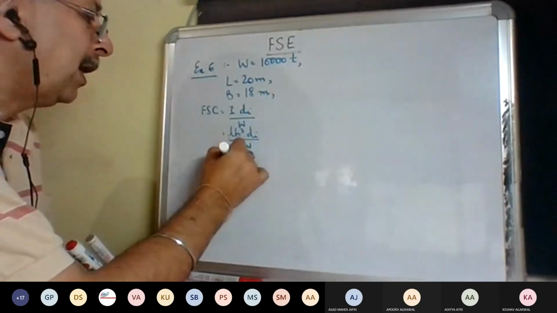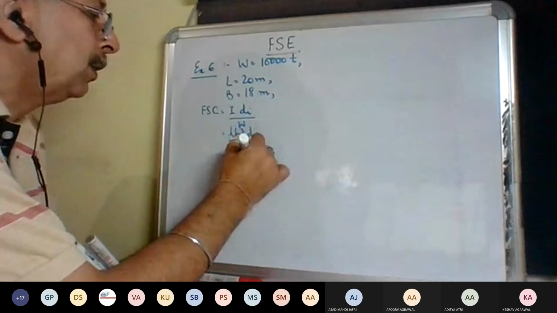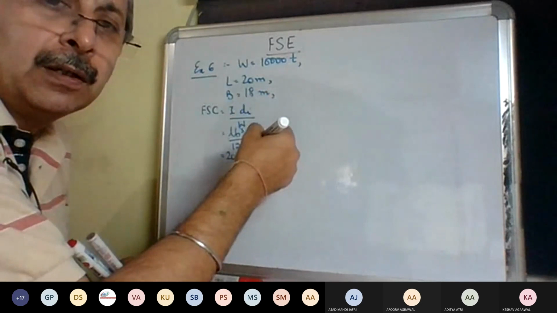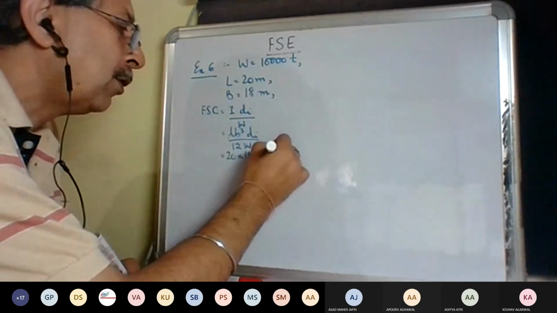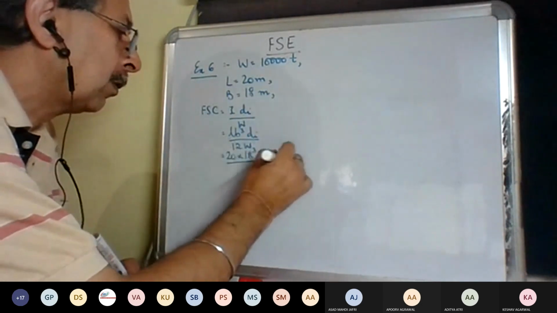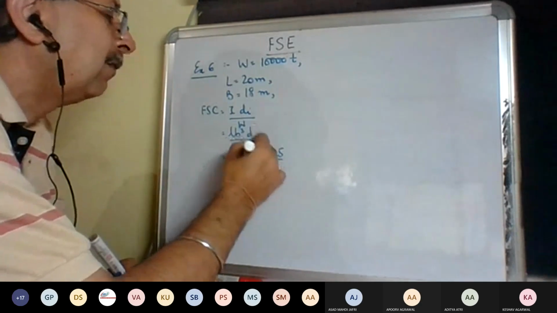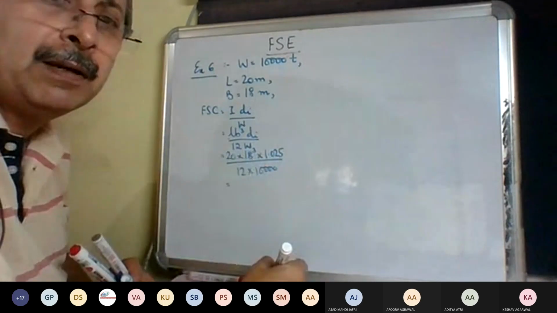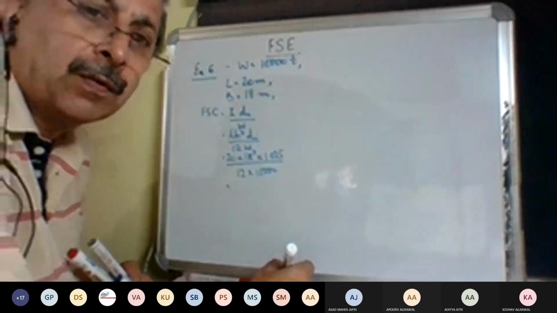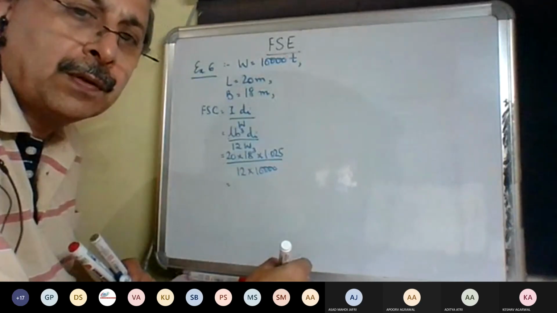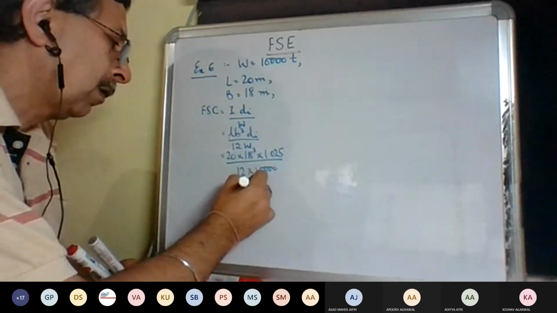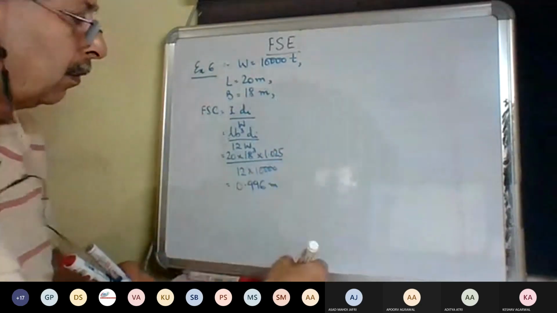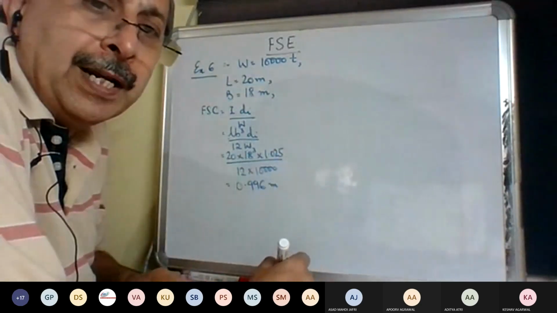So length is 20, breadth cube is 18 cube, density of liquid inside, salt water, so 1.025, divided by 12 into 10,000. That will give me my free surface correction. That is 0.996.